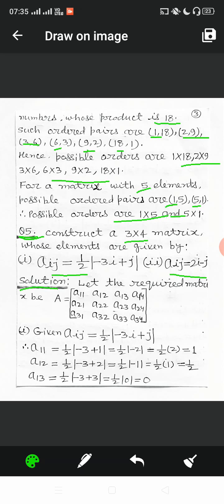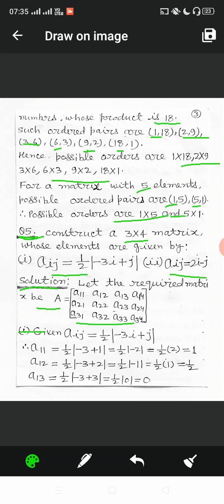For solution, let the required matrix be A, and suppose it has elements a11, a12, a13, a14, a21, a22, a23, a24, a31, a32, a33, a34.